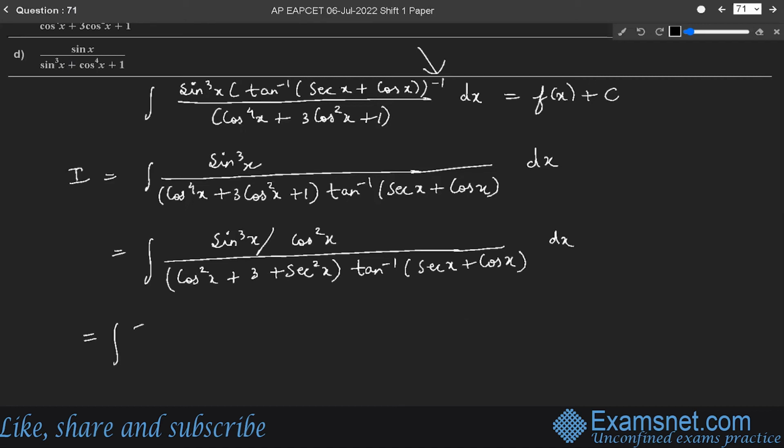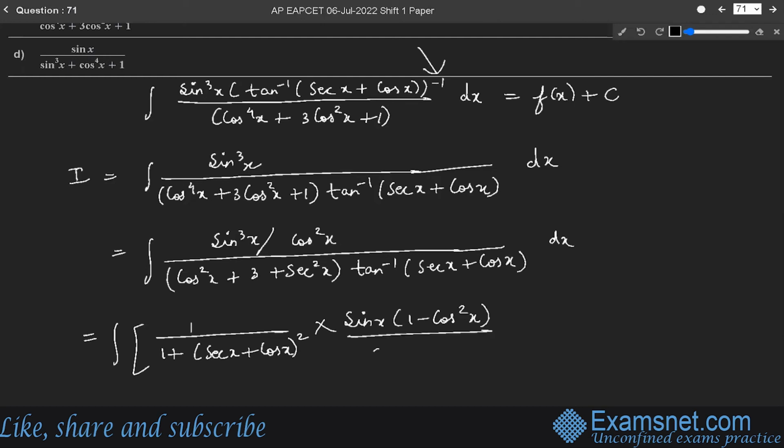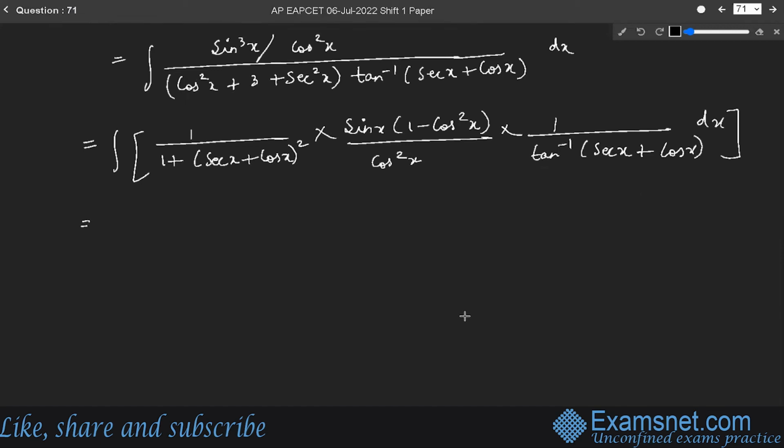Further, it will be equal to integral of 1 upon 1 plus sec x plus cos x whole square into sin x, 1 minus cos square x divided by cos square x into 1 upon tan inverse sec x plus cos x and dx.